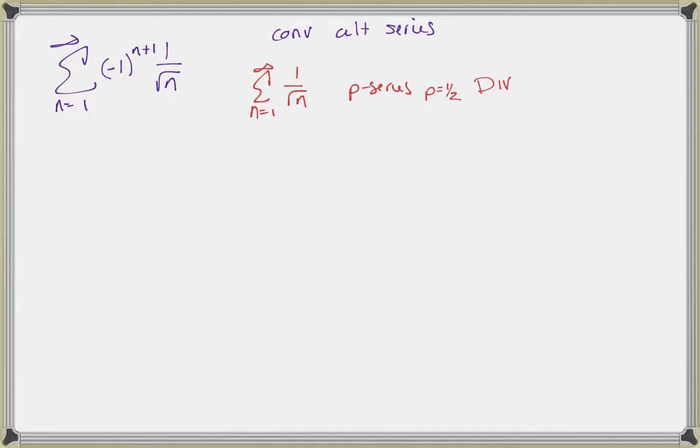So because the absolute value is divergent, but it converged with the alternating series, this is where we combine those two ideas and say that it is conditionally convergent. Okay, so this is a conditionally convergent series, much like the alternating harmonic.